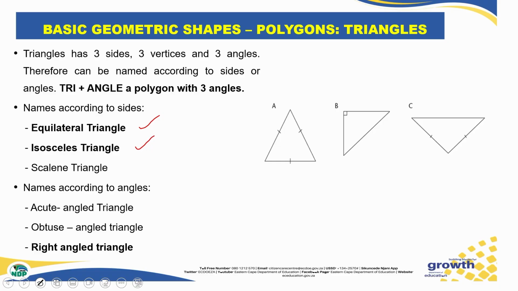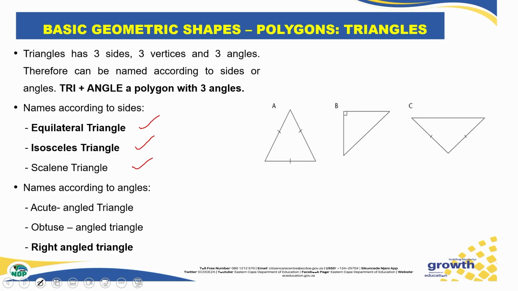Now we have different types of triangles. We have an equilateral triangle, an isosceles triangle, and a scalene triangle. These 3 triangles are named according to what is happening on their sides. We have given them names according to the sides.